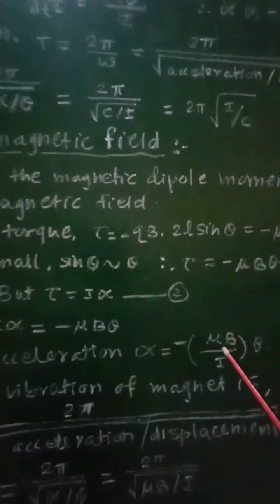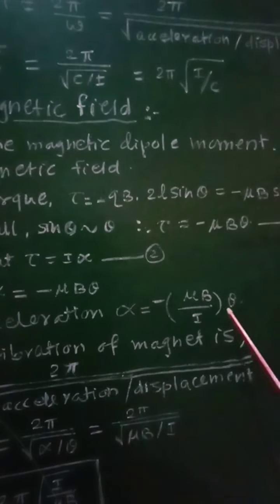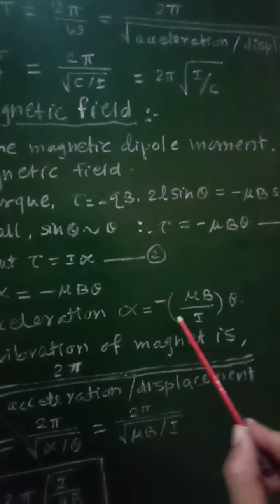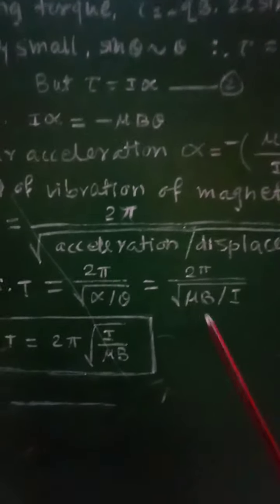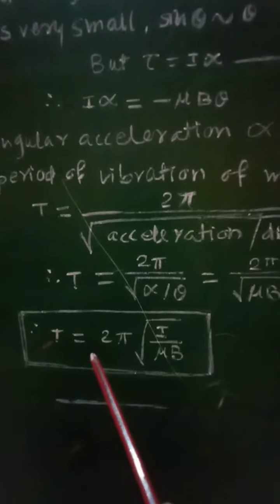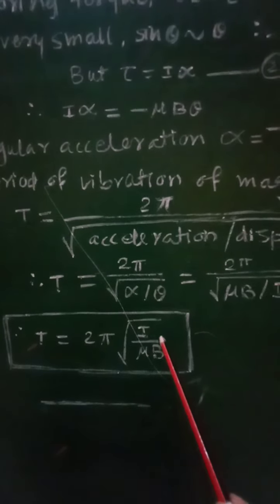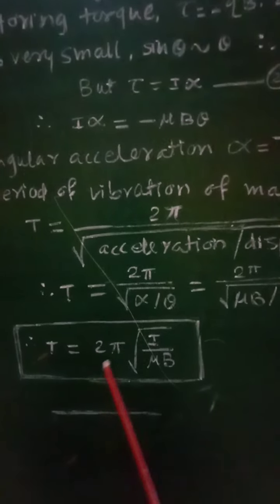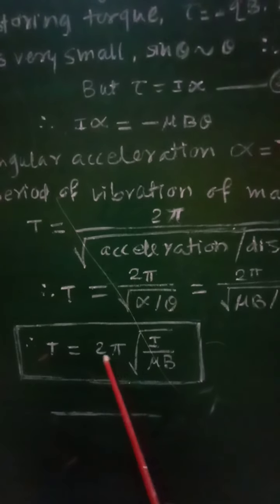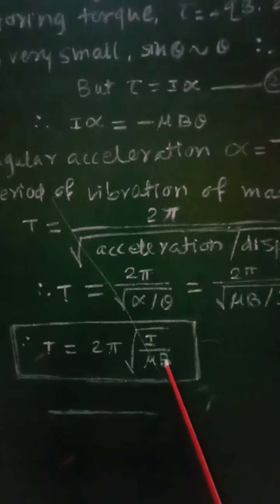From this relation, as alpha is equal to this, alpha upon theta will be equal to mu B upon I in magnitude, and therefore 2 pi upon square root of alpha upon theta will be written as 2 pi upon square root of mu B upon I, and therefore we can write T equal to 2 pi square root of I upon mu B. This equation represents the expression for the period of that vibrating magnet in magnetic field B.